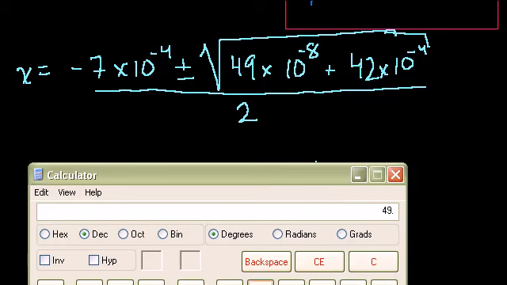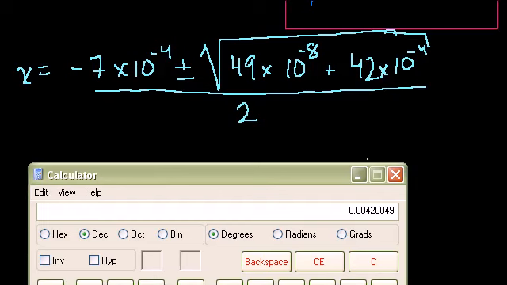So 49 e negative 8, that's that small number, plus 42 times 10 to the negative 4 is equal to that. So that's this value right here.